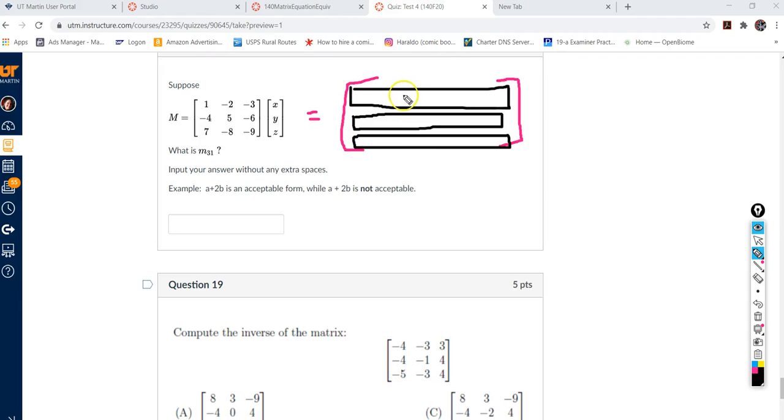Okay, what am I going to get in here? Well, where does that live? Row 1, column 1. So to get that, I'm going to have to do row 1 times column 1. And that's going to be 1 times x plus negative 2 times y, and then plus negative 3 times z.